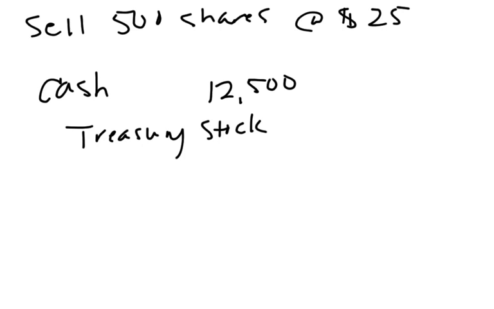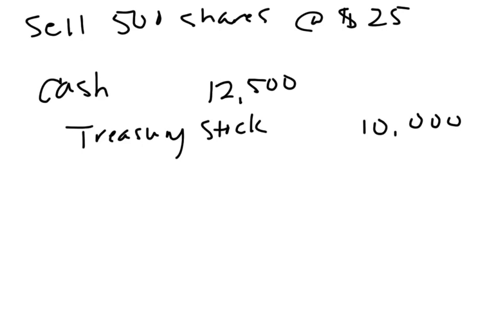So when I sell it, I have to decrease the account for the cost basis. Well, I bought it at $20 a share. So that's what I'm going to have to take back out of the treasury stock account. So 500 shares at our cost of $20 would be $10,000. So we're going to decrease or credit that account for $10,000.